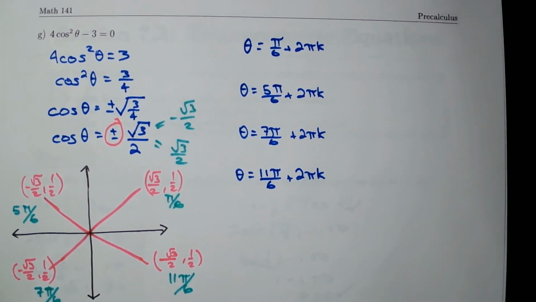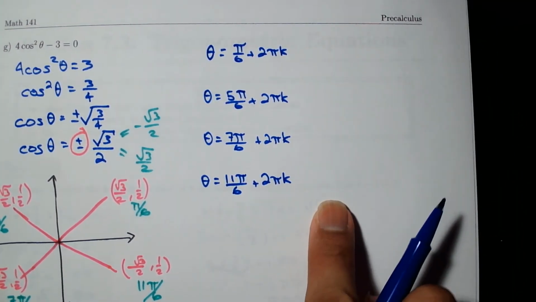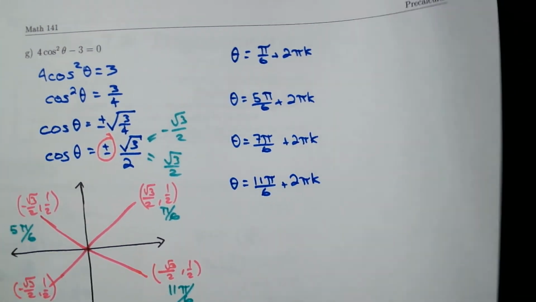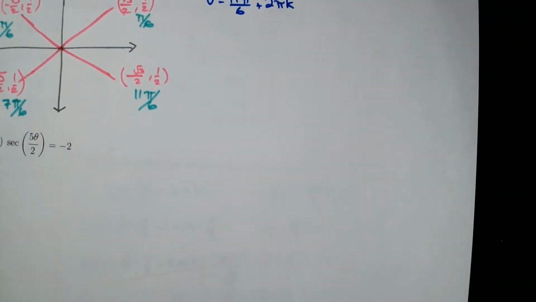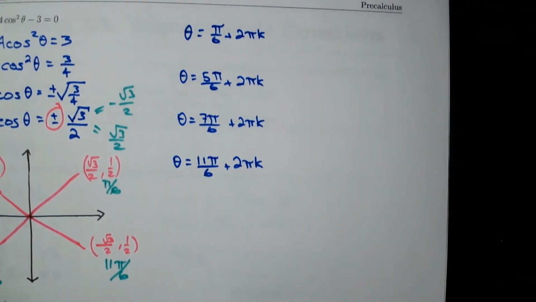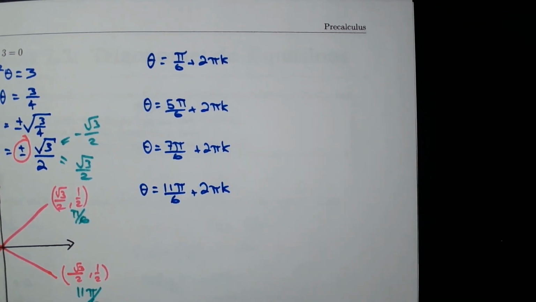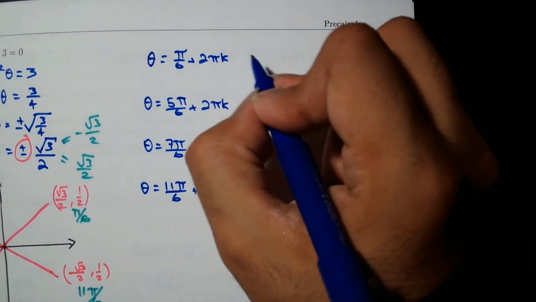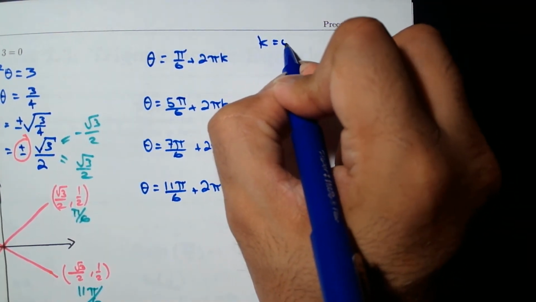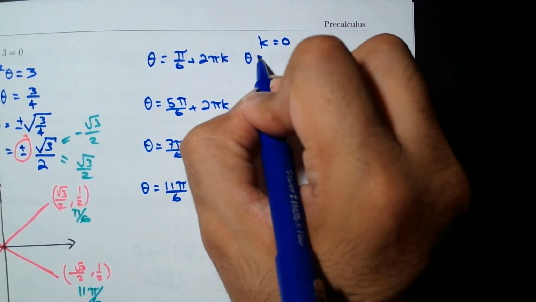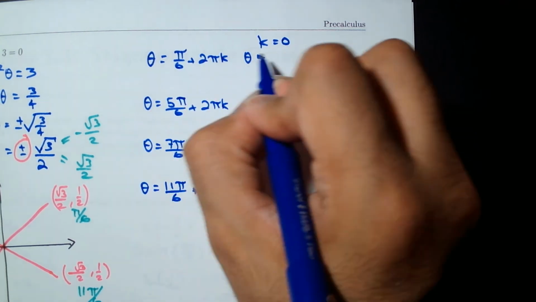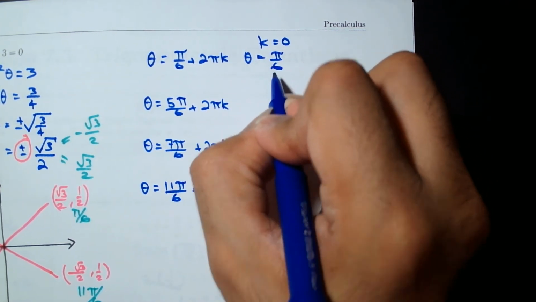In this case, I'm going to do this in columns. Instead of going k1, k2 horizontally, I'm going to do it vertically. The idea is going to be exactly the same. So I'm going to do k equals 0. For k equals 0, theta equals, plug in 0 here, you get simply pi over 6.